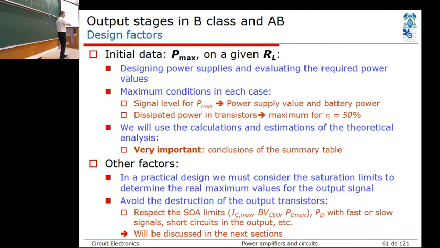So for a 100 watt amplifier, on AB class, you need about 130 watt output from the power supply. But you also need to take care of the maximum peaks, how much current you take at the maximum from the power supply.